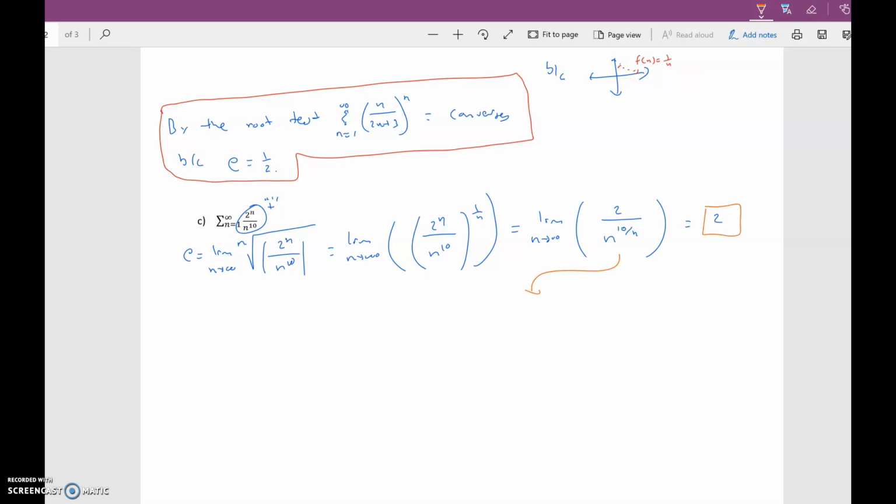As you look at your denominator, the limit as n approaches infinity of 10 over n is equal to 0. So your entire denominator is approaching, technically, n to the 0, so it's going to be 1. So you end up evaluating a value of 1 at the bottom. So this is 2 over 1, which happens to be 2.